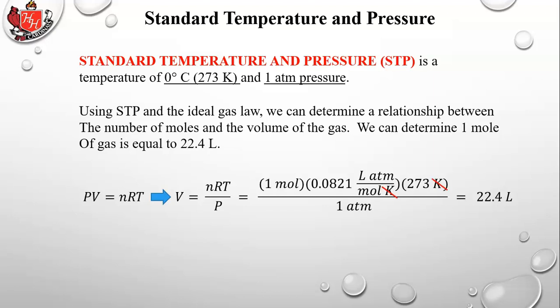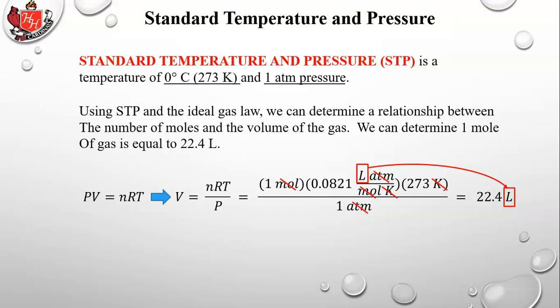We cancel Kelvin and Kelvin. Moles is in the numerator top and numerator bottom. Atmospheres is in the numerator top and denominator. Down on the bottom, there's only one level in the denominator, but that means it's on the top. So the only thing we have left is liters, and that's what our final answer is in.